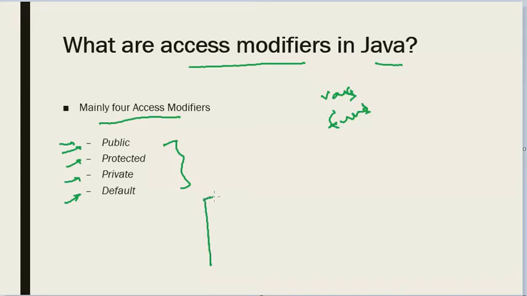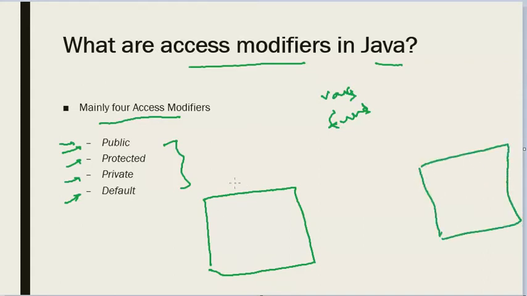We start with the public access modifier. Let's say we have one package here, P1, and this is another package, P2. Package, we all know, is a namespace in Java. In this package, we have a class C11, because this one is for the package and this one is for the class.